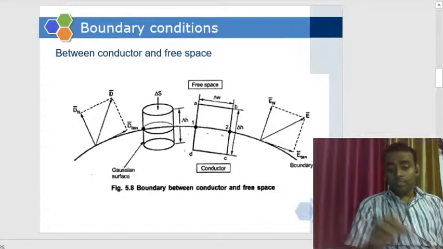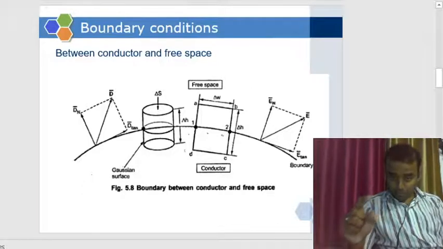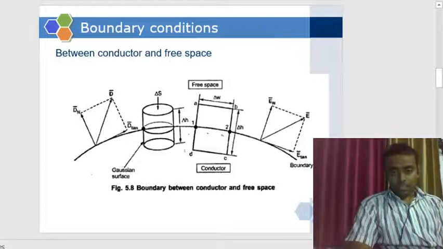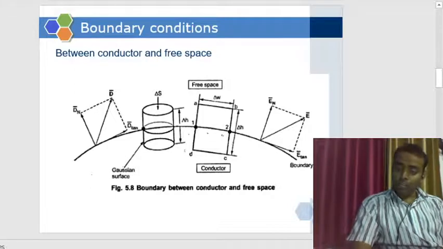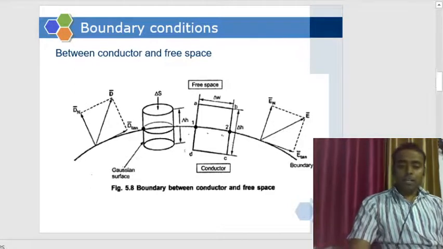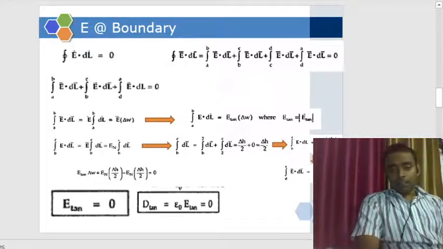Because this point 2 comes at the boundary. Similarly, D to A we'll divide in two parts, D to 1 and 1 to A, because this comes at the boundary. With this, we'll be using the line integral of E dot dl equal to 0.